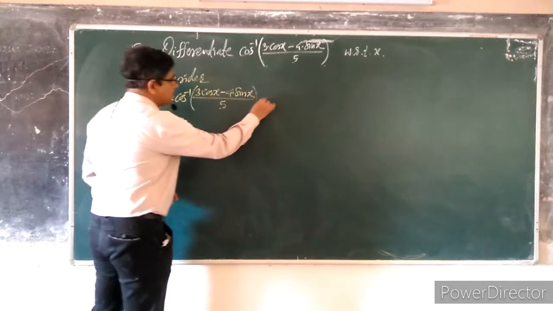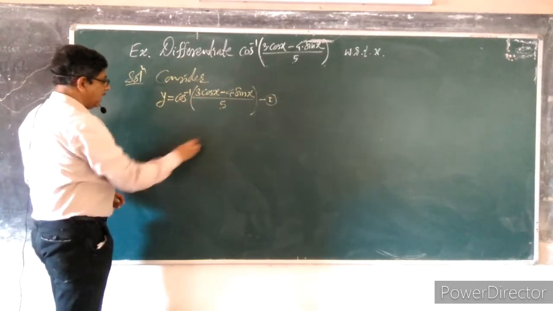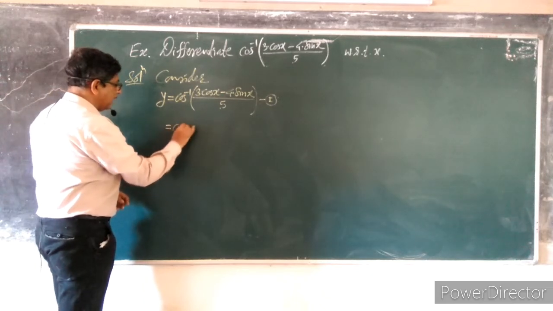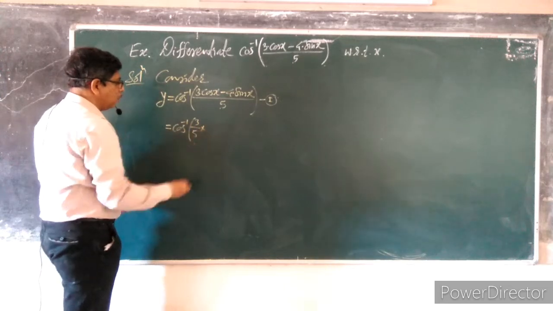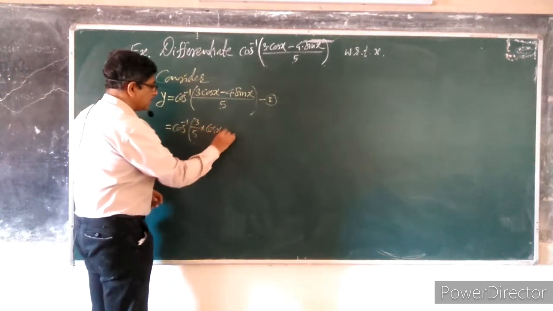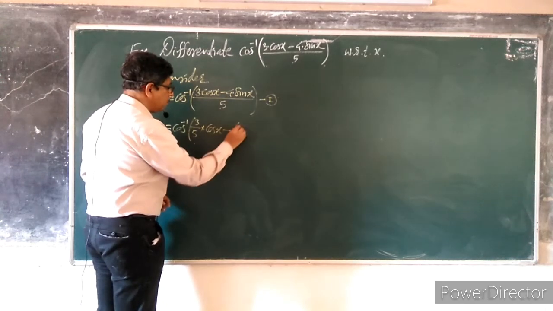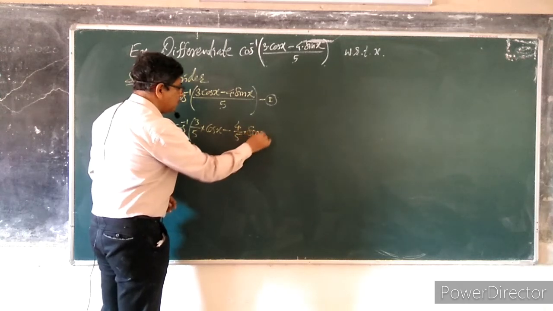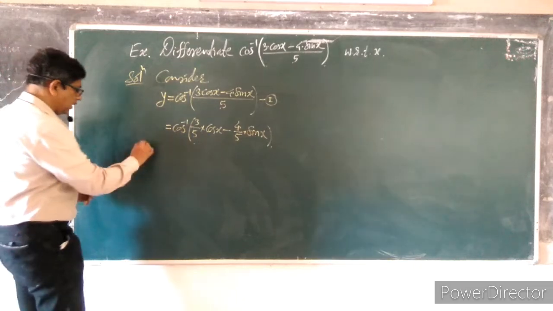Okay. So call this as 1. Now as we have discussed, divide separately by 5. So we are getting it as cos inverse of 3 by 5 into cos x minus 4 by 5, dividing separately, into sin x. And now we have to substitute here.